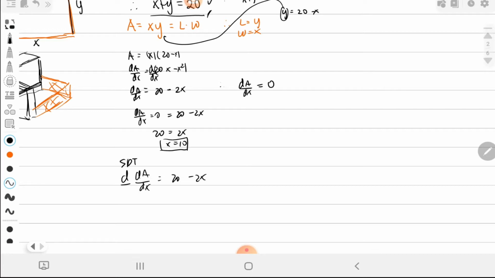So I will differentiate it again with respect to x. So we'll have a value equal to negative 2. So, since y double prime is less than 0, therefore we have our maximum value at x is equal to 10. So, at x is equal to 10, we have our maximum value.